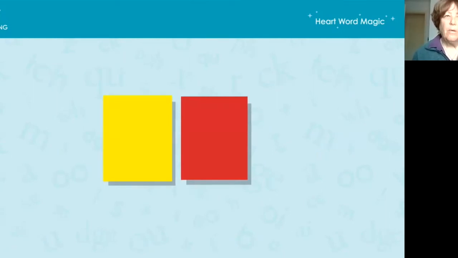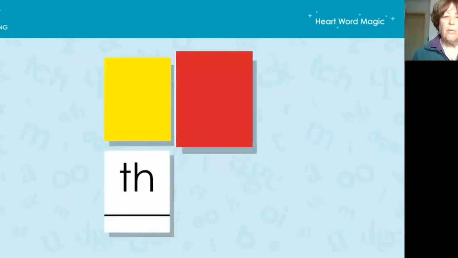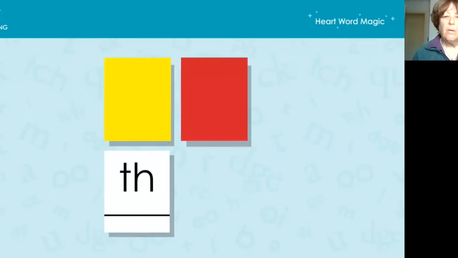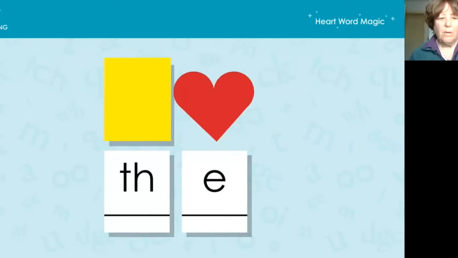How do we spell th? That's right, the digraph th. The last sound is the part we have to learn by heart. Do you remember how to spell it in this word? You're right. We use the letter E. T-H-E. The. Remembering heart words is easier when we know there is just one part to learn by heart.